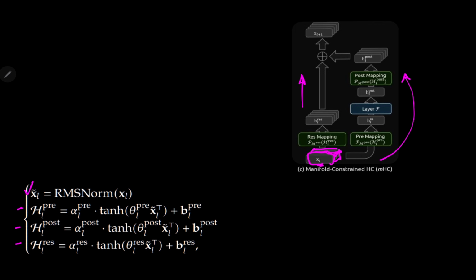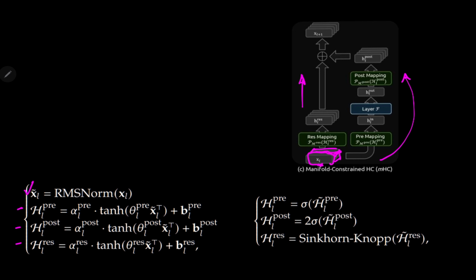Then each of the hyperconnections of pre, post, and res has some function. For the pre and post, we use the sigmoid function, and for res, they used the Sinkhorn-Knopp algorithm, which basically is their main creativity.